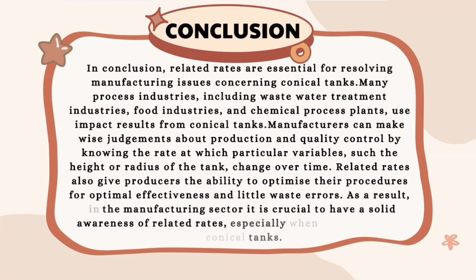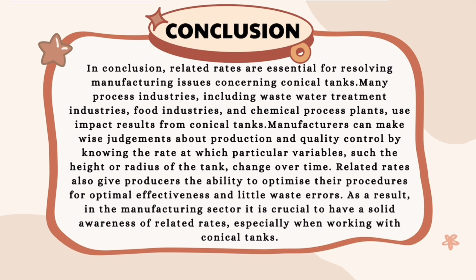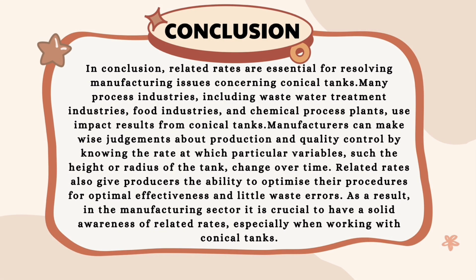In conclusion, related rates are essential for resolving manufacturing issues concerning conical tanks. Many process industries, including wastewater treatment industries, food industries, and chemical process plants, use results from conical tanks.